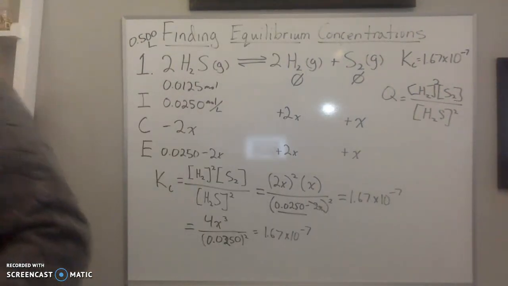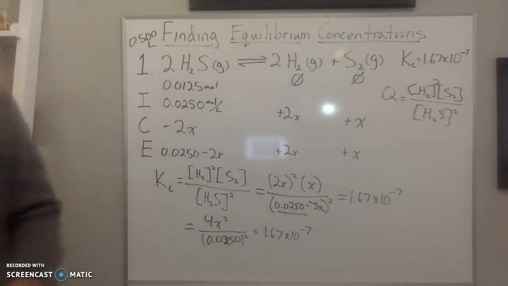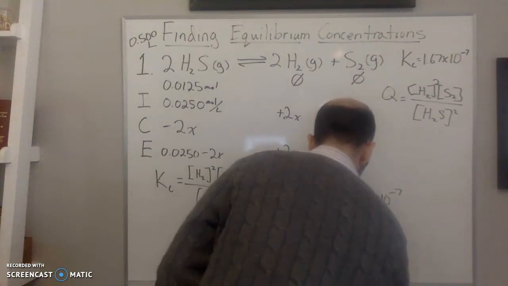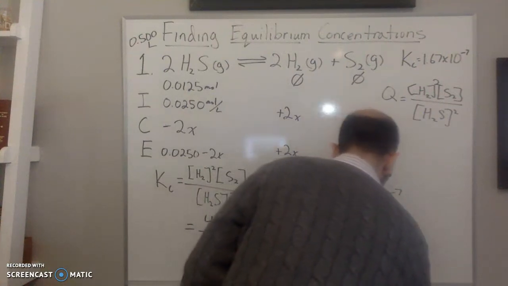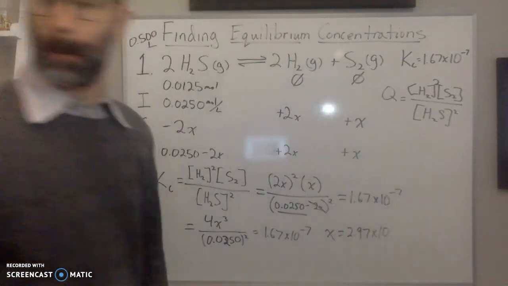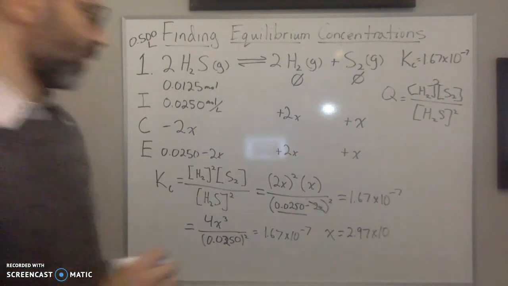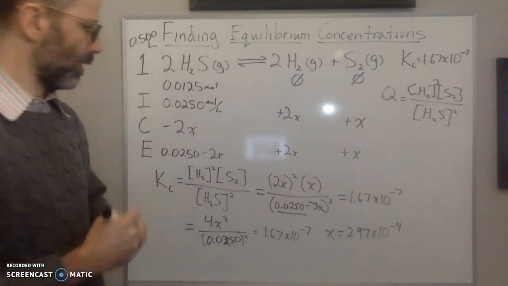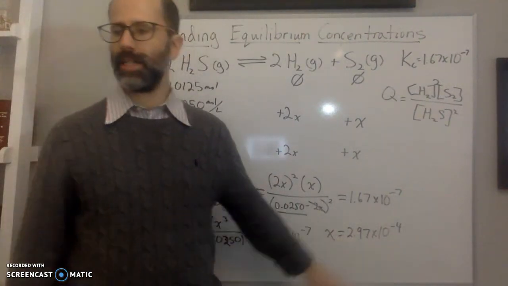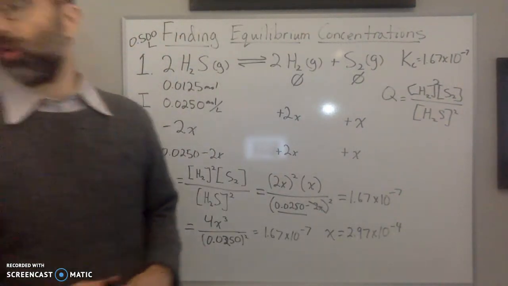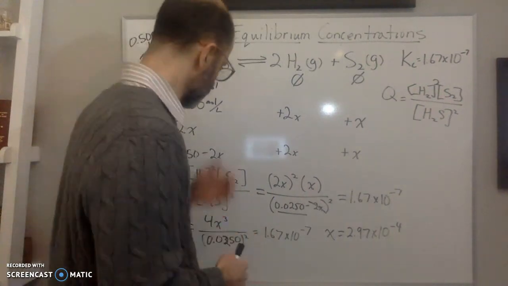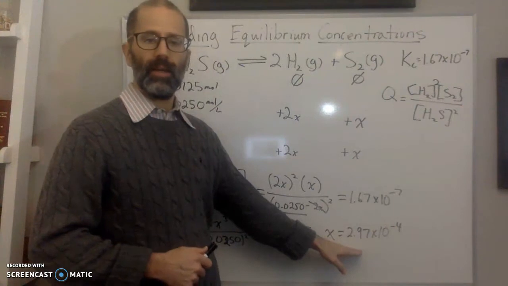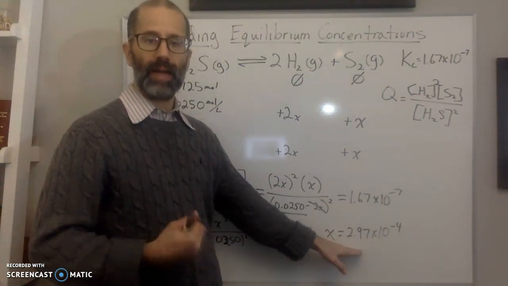When you do that, x is equal to 2.97 times 10 to the negative 4. Okay, so here is our x value. What you want to do at this point is validate whether or not that assumption was true.